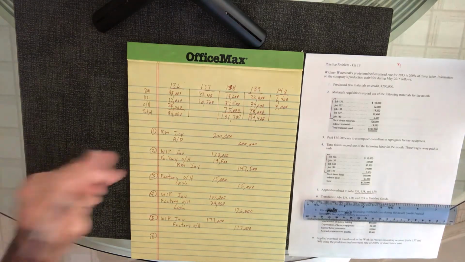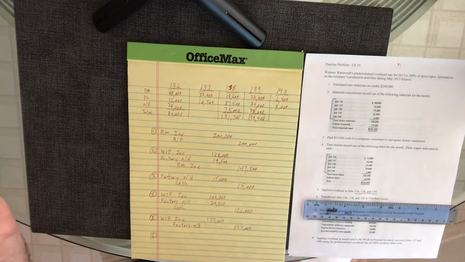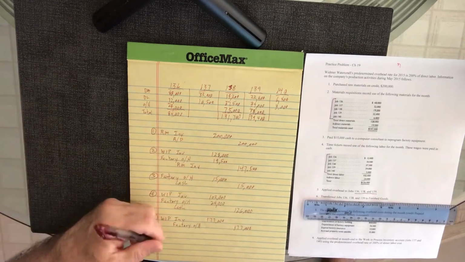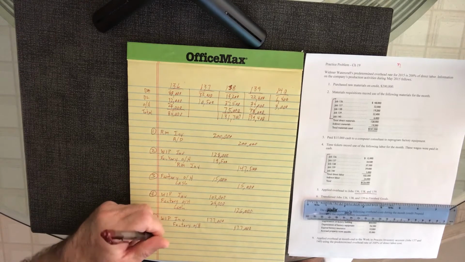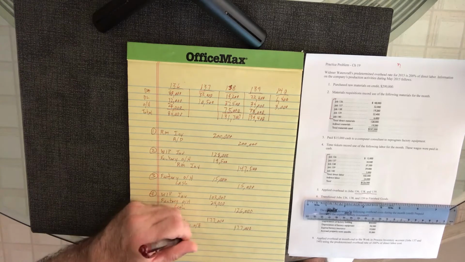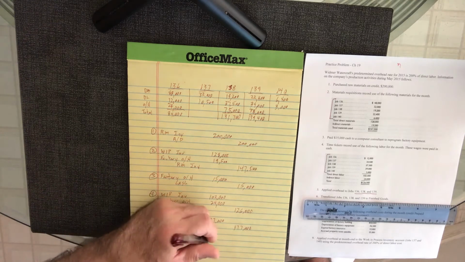Alrighty, and then all 3 of these totaled up are going to be transferred out of work in process into finished goods. So I'm going to debit finished goods inventory for the total of those 3 jobs, and that comes out to be $355,100.